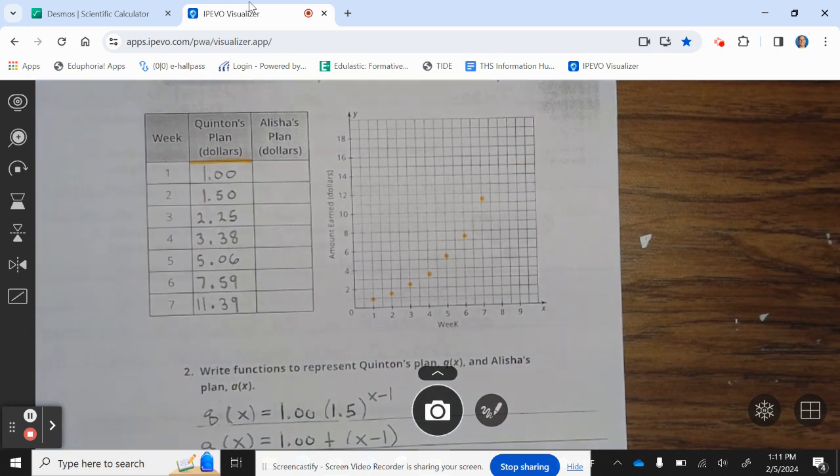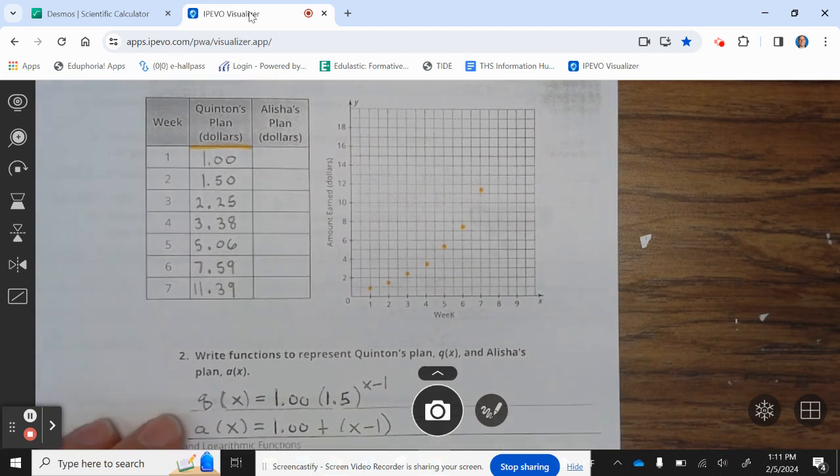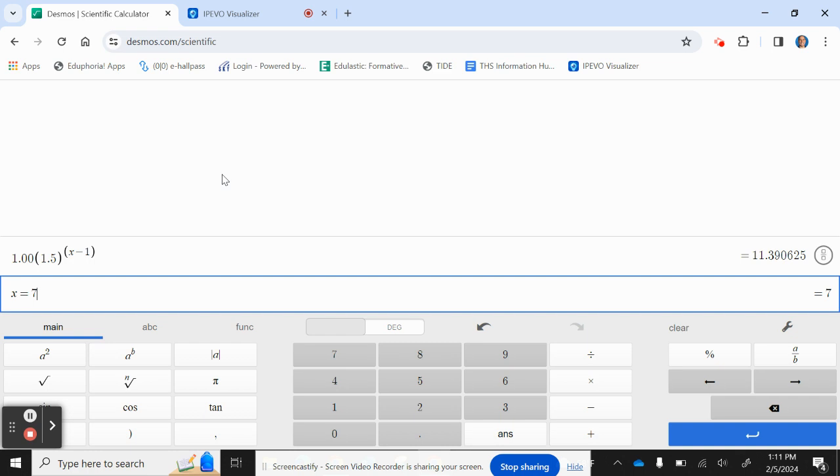Alright, now let's go ahead and fill in Alicia's plan using her equation. So 1.00 plus parentheses x minus 1 gives us an error. Who cares? X equals 1.